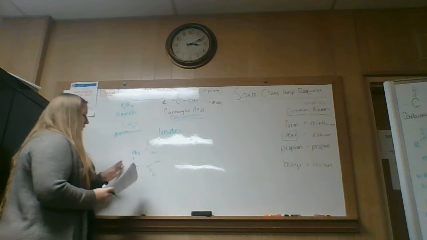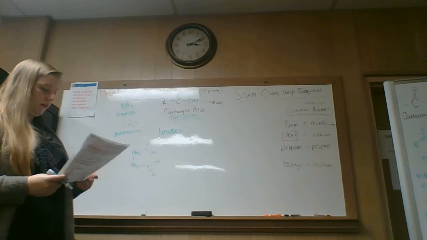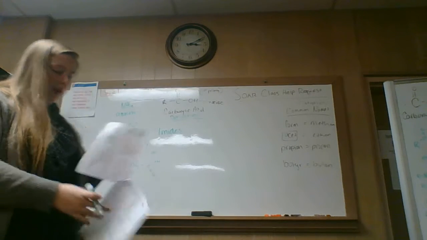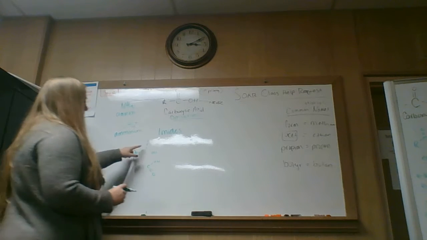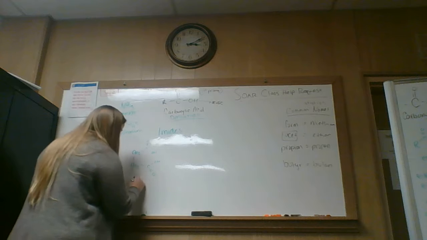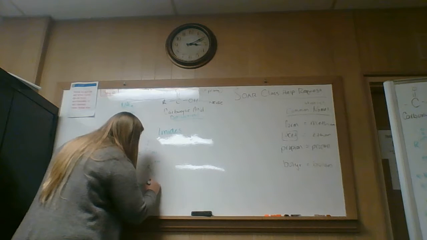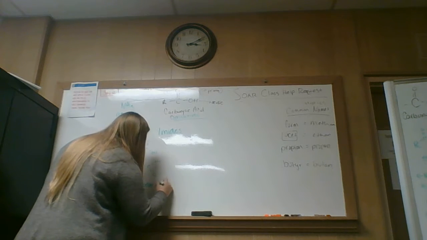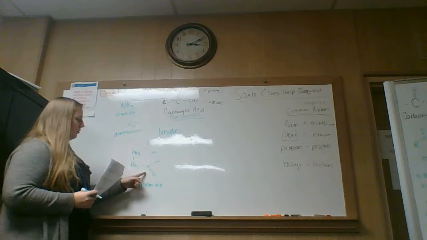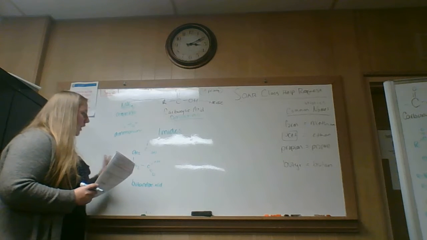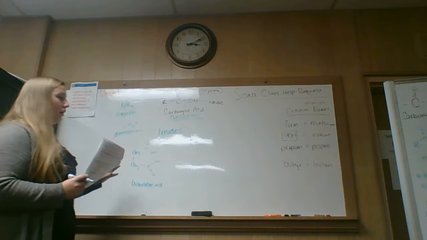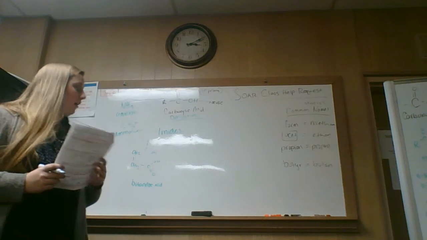We used this one in another example when we were talking about anhydrides. So here we have butane dioic acid. Dioic because we have two carboxylic acid groups. Now, when we just heated this, we removed water and we made a cyclic anhydride.